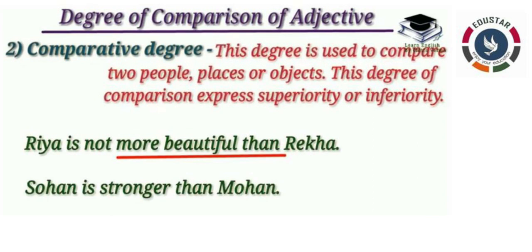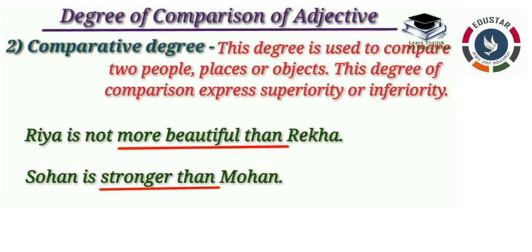And your next example is Sohan is stronger than Mohan. Here, which is a noun? Two nouns we have, right? Sohan and Mohan. Which is an adjective here? Strong. So, we are comparing Sohan with Mohan.